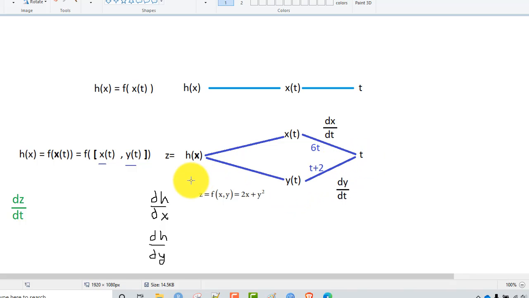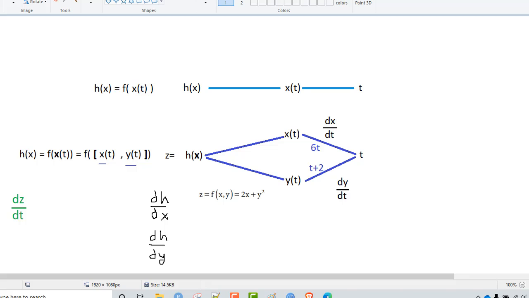Now, from the picture, you can see, or you might recognize it anyway, that when t changes in the intermediate level, that's going to cause a change in x, and it's also going to cause a change in y. And then those changes in x and y are going to cause a change in z.